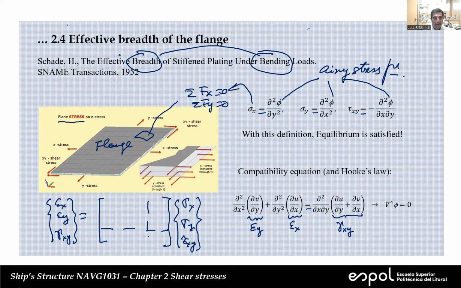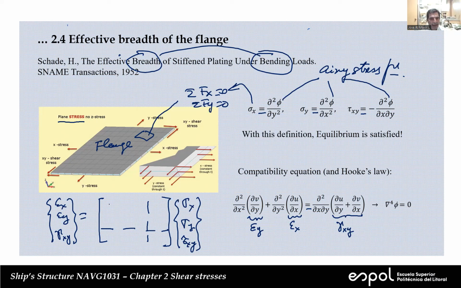I'm going to include only these terms here, because in the case of plane stress, we said that all the other terms are 0. Sigma z, tau xz, tau yz are 0. So these are the only ones that we have.